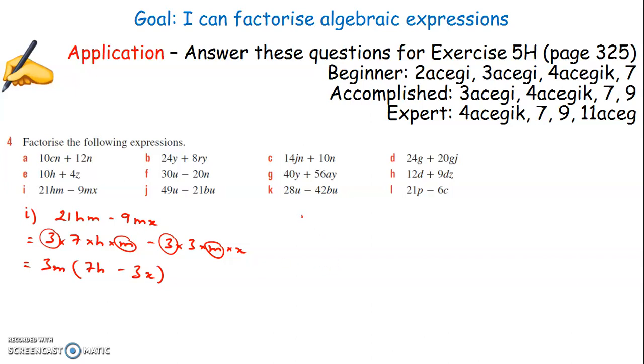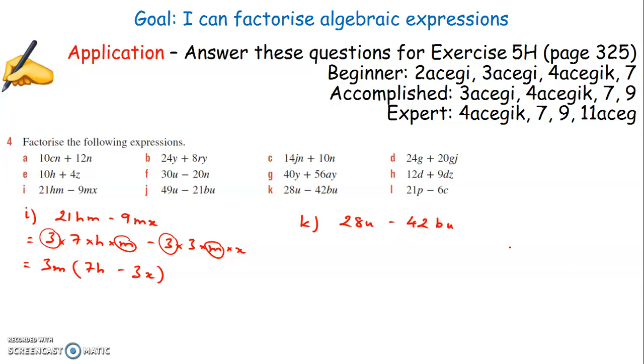And then finally we have K. And K, we've got 28u minus 42bu. Okay, so again, 28 and 42, they're both even, so I know that 2 can go into them. But is there any other number that is bigger that can go into both of these?